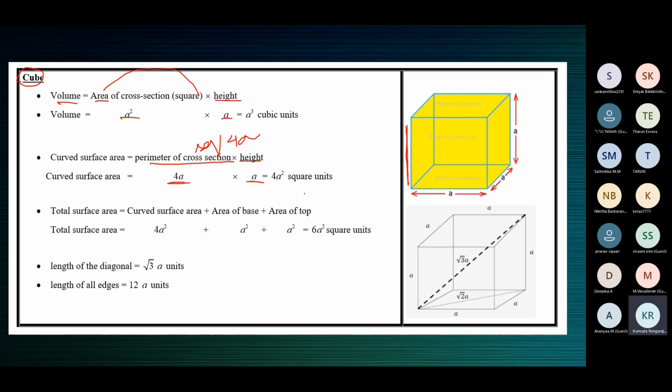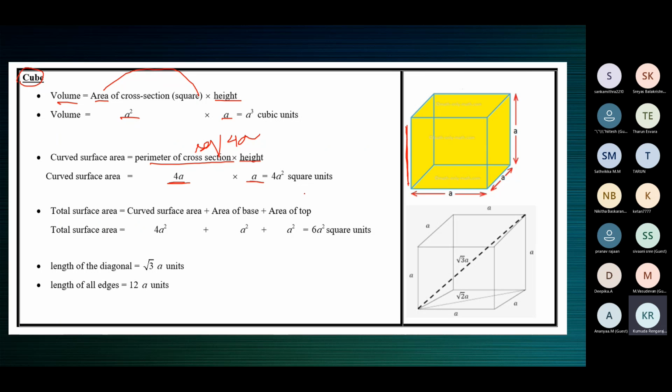Lift your geometry box, or if you have a die, you can see that it has 6 square faces. So 4 faces, 4a square. 5 faces, 5a square. 6 faces, 6a square. 1 face, a square.